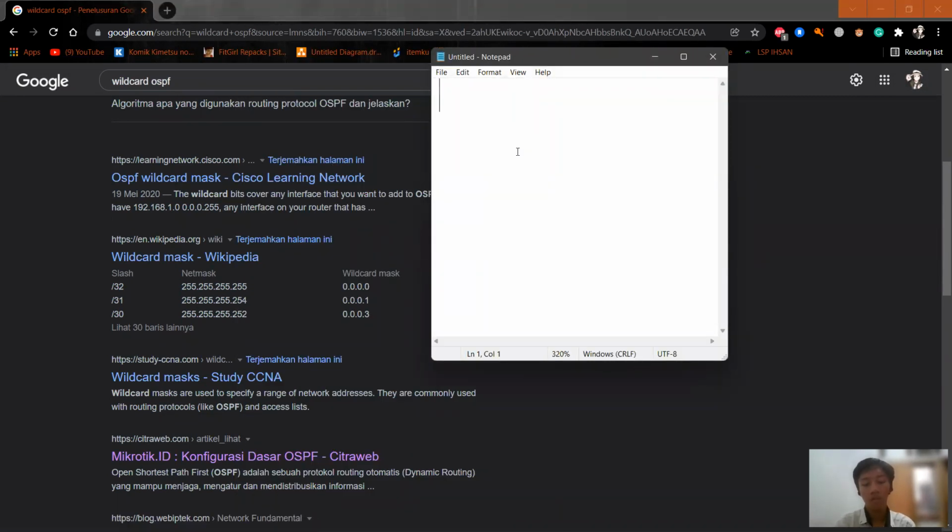Okay, if slash 24 netmask is 255.255.255.0, but the wildcard for slash 24 is 0.0.0.255.